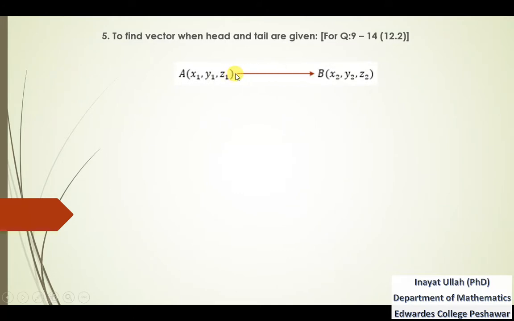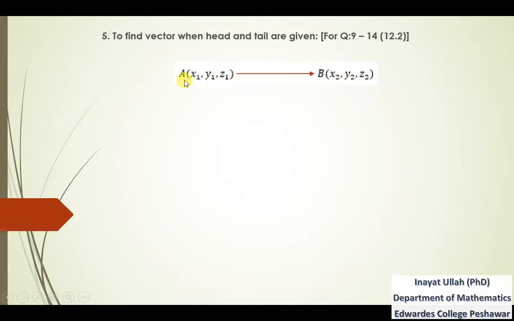Its tail is a 3D point if this is a 3D vector, and if this is a 2D vector, the tail will consist of two numbers, x1 y1. So there is a vector in space. Its tail is A, which has three components x1 y1 z1, and its head B also has three components x2 y2 z2.